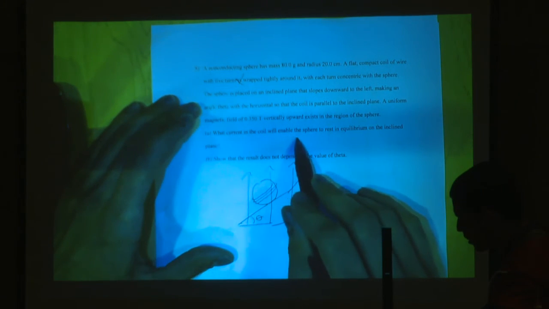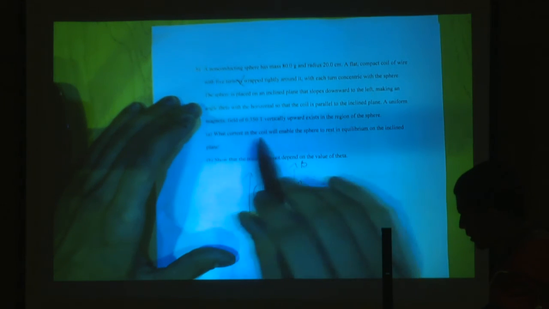What current in the coil will enable the sphere to rest in equilibrium on the inclined plane? Okay, so let's work with that one first, and then we'll show that the result does not depend on the value of theta.